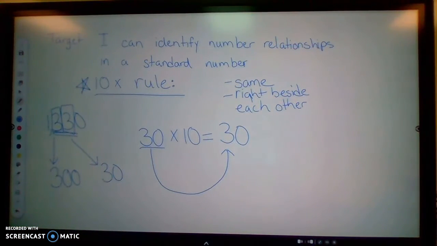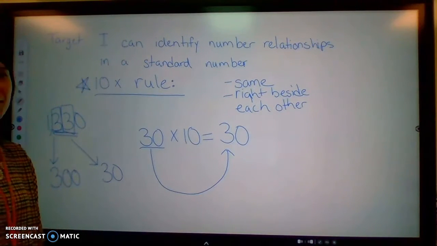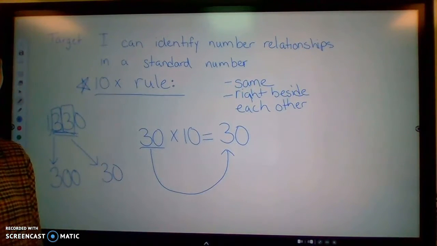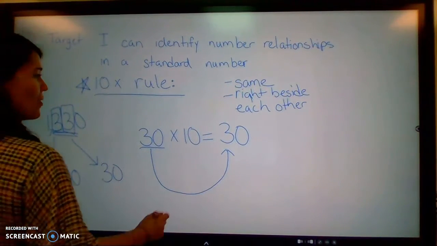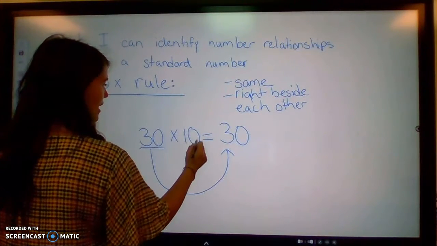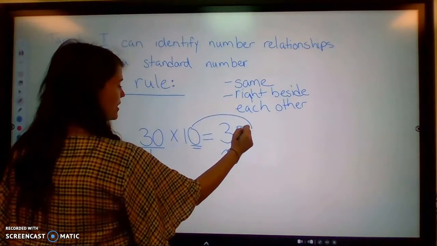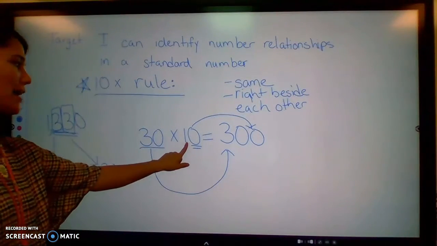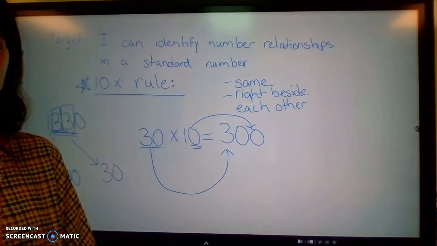I'm going to give you a second to think. You might already know the next step, so I'll give you some think time. All right, now if you thought about it, you would know we are going to take the 0 from our 10 and add it to the end. So 30 times 10 equals 300.